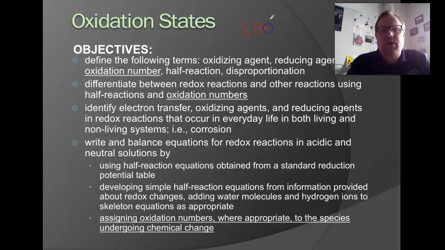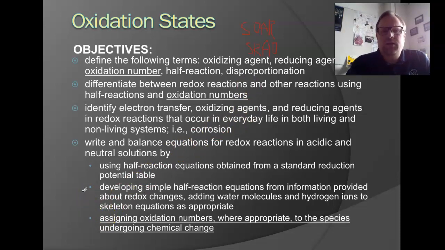So the SOA gets reduced, and the strongest reducing agent gets oxidized. Remember what those things mean, and understand a little bit about what they're all about.